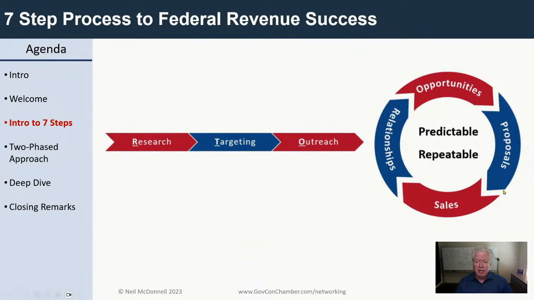But when you start doing that, the seventh process is sales, right? And you see it has an arrow on it and it's part of that circle. It's because as you get sales, it continues the process. It doesn't just stop there. There's something called new sales and something called organic sales. New sales is if you were trying to go to the Army for the first time, that's a new sale. You're into a new agency.